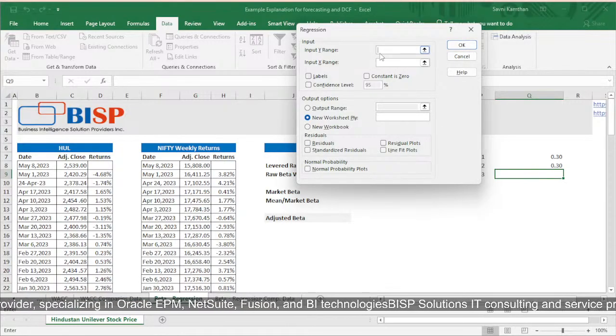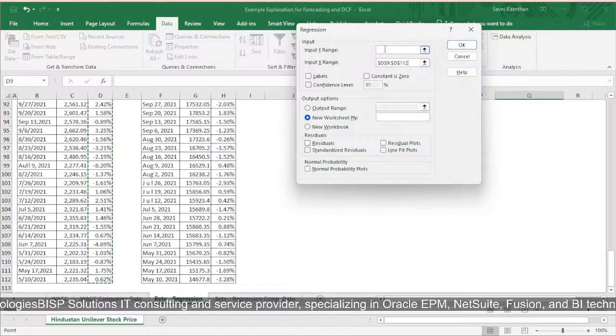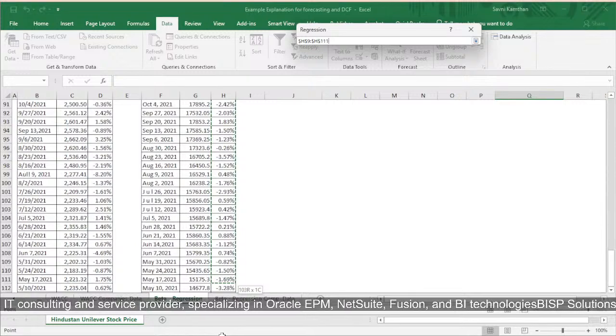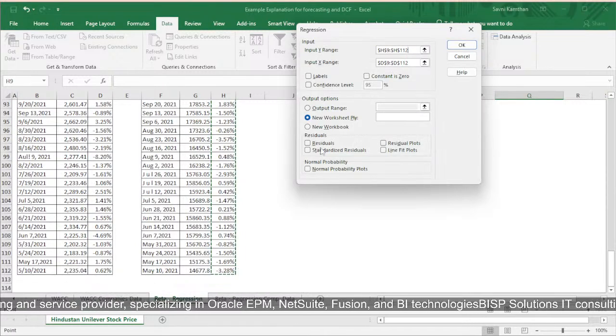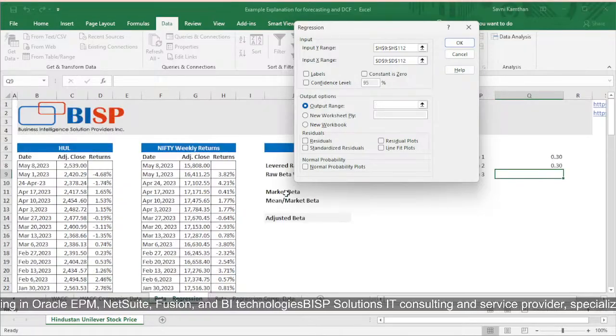After that, it will be asking us our X range, which is our HUL, and our input Y range is Nifty, and output range, over here we want, and okay.